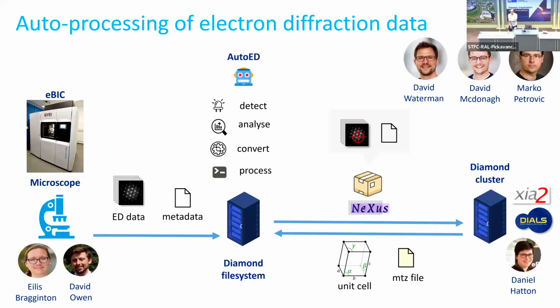So Marco has written an auto-ED program that runs at eBIC, which will detect when images are being written. It will analyze them, automatically determine the beam center, and then check for various other pathologies, and then write out the corrected and tidied metadata into a Nexus file. And then that's all set and can be sent off to the Diamond cluster for processing using xia2 and DIALS.